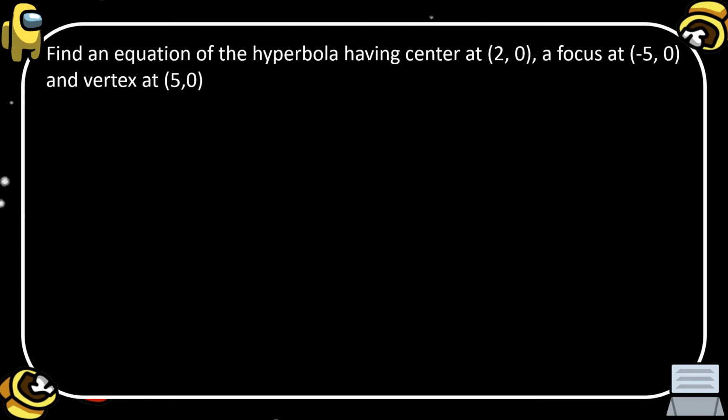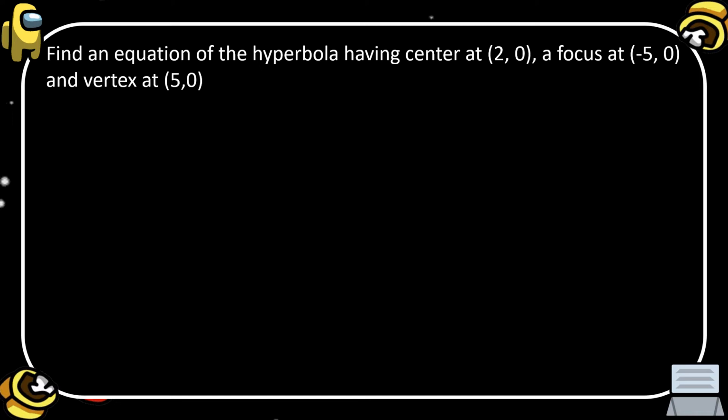Example: find an equation of the hyperbola having center (2, 0), a focus at (-5, 0), and vertex at (5, 0). Kung imong tan-awon ang given gikan ni center, ni focus, o ni vertex, ang value ni x lahi-lahi og given, while ang value ni y sa imong coordinate, the same sila nga 0.